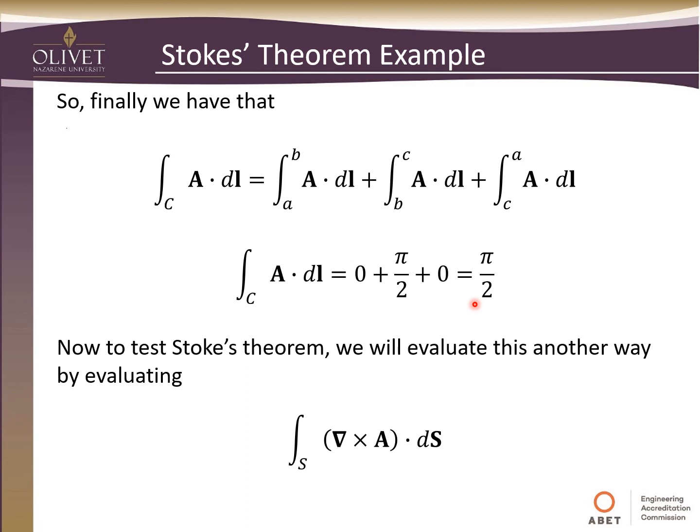Now we want to test Stokes' theorem and evaluate this again using this format. Instead of worrying about the path around that space, we want to integrate across the area within that space.